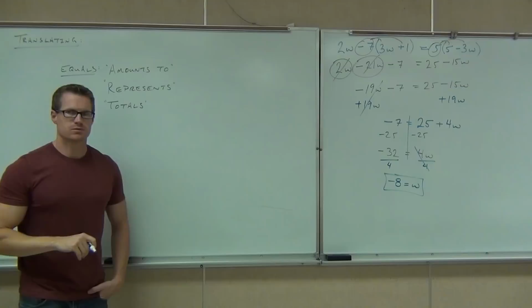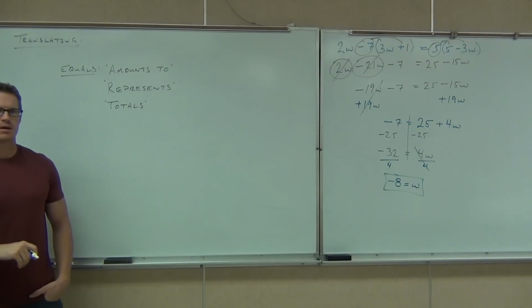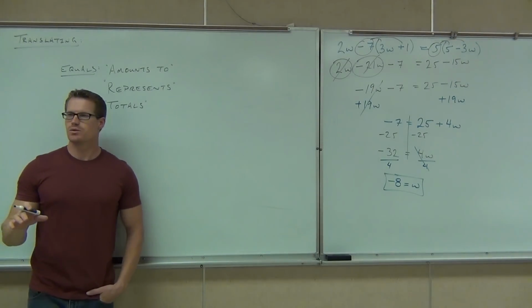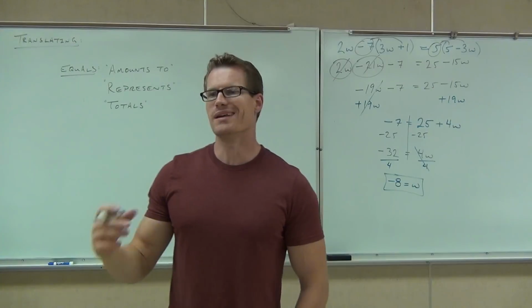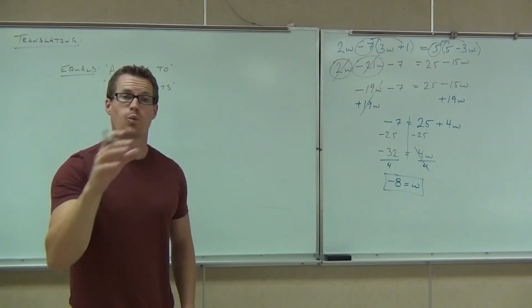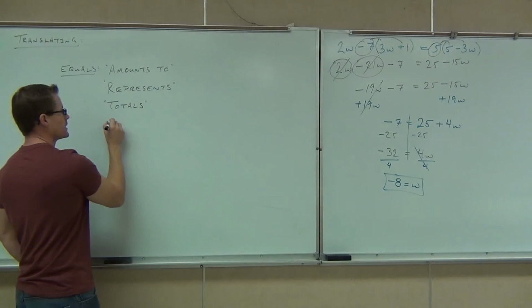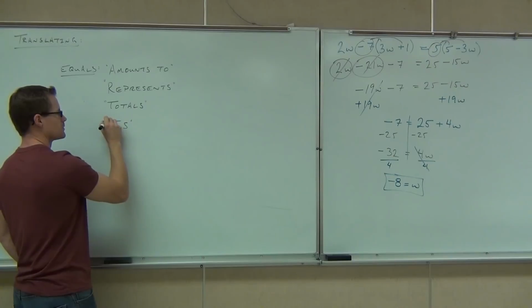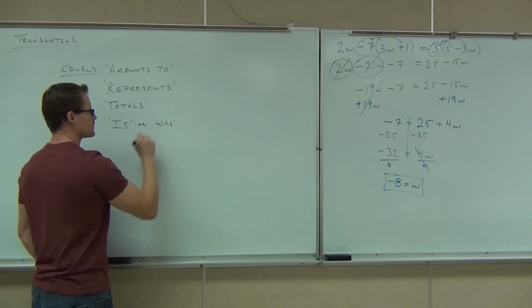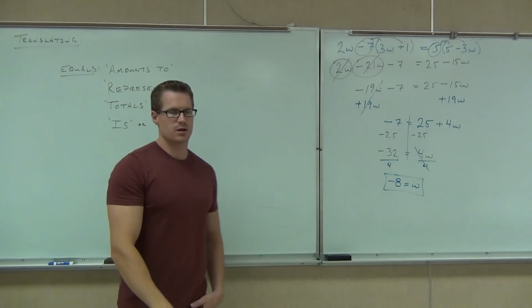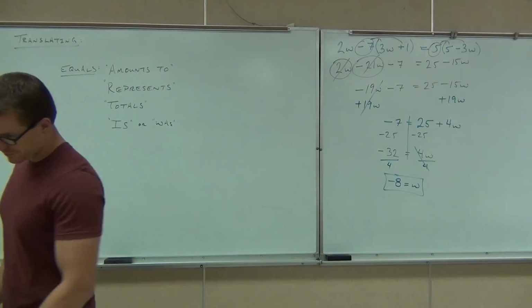Totals means equals. And lastly, the one that I use a lot and that we see a lot is the word is. Is means equals, or was for past tense. Those two are used a lot to mean equals.